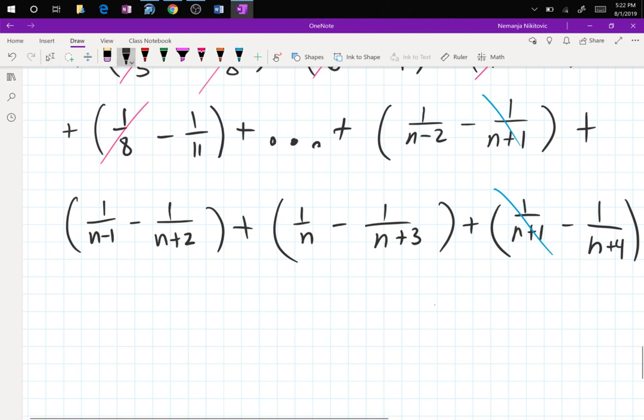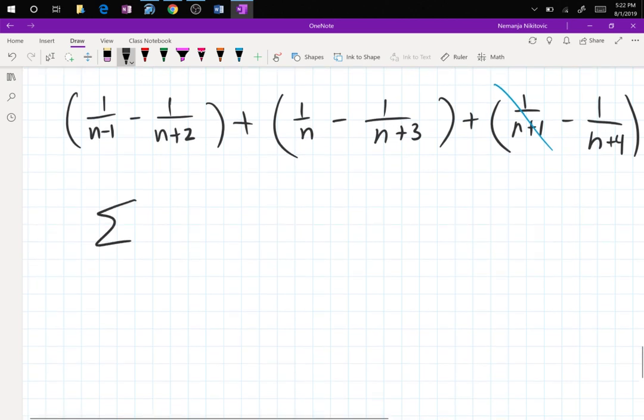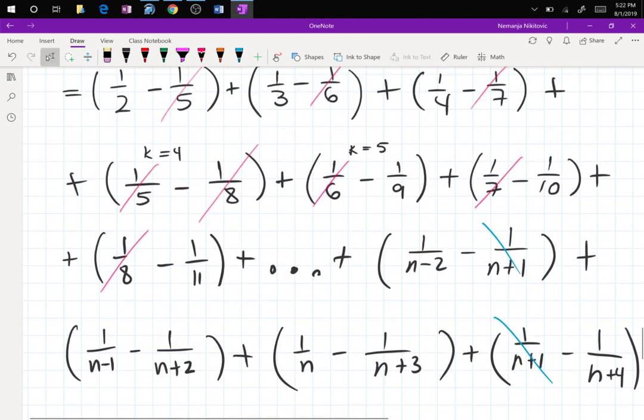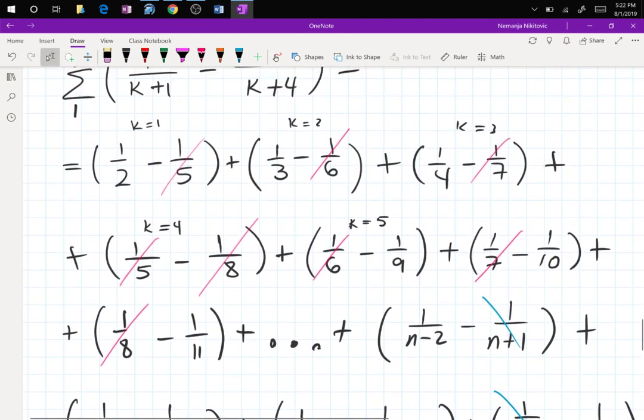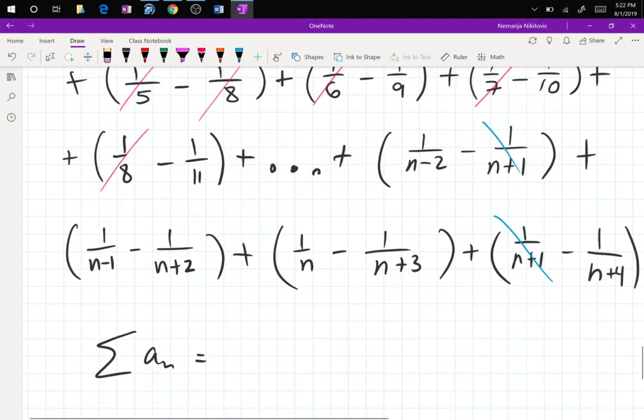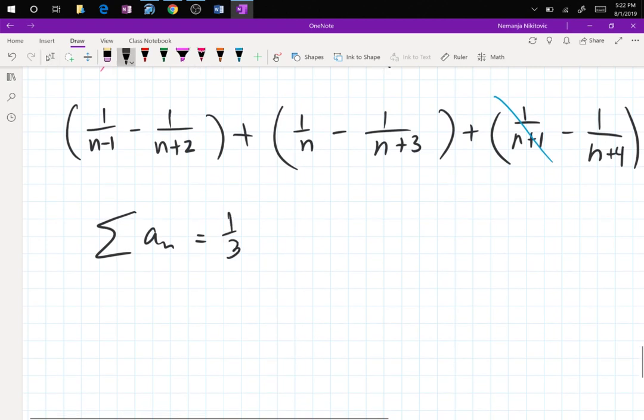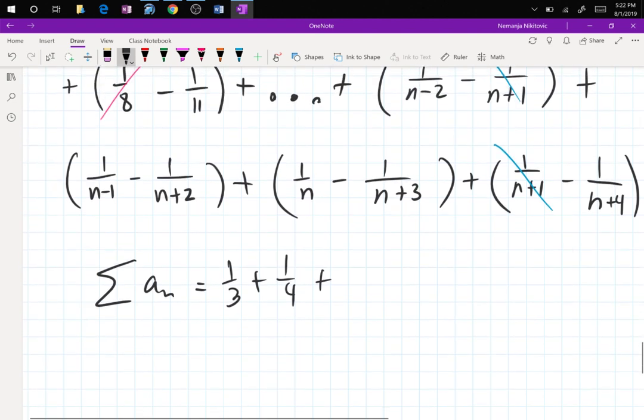So what is the summation equal to? It is equal to all of the numbers that you didn't get to cancel, which is 1/3 plus 1/4. So we have 1/3 plus 1/4, and then plus the limit, n goes to infinity, of all of these.